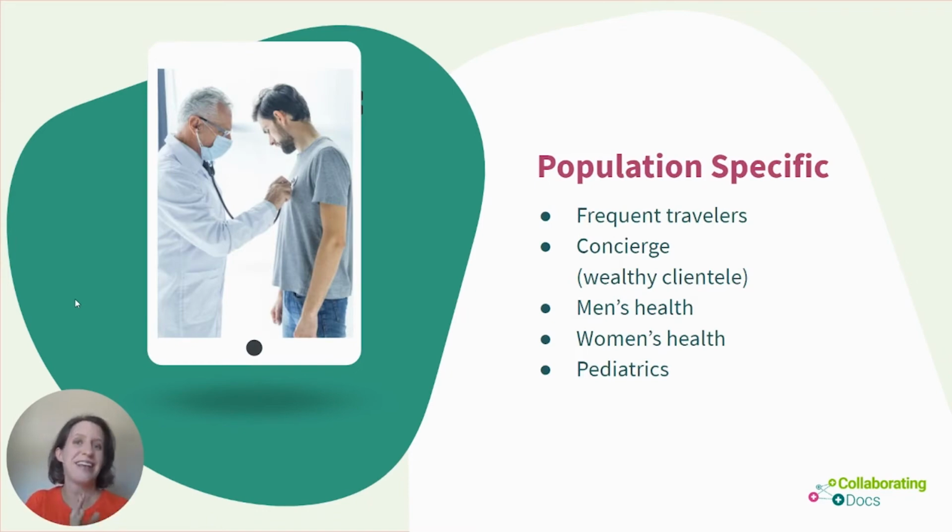Getting less and less specific, you could just pick the patient population you're going to help. So, for example, frequent travelers, you could have sort of a concierge practice with wealthy clientele that are going to pay cash. You could do just men's health or just women's health or just pediatrics.